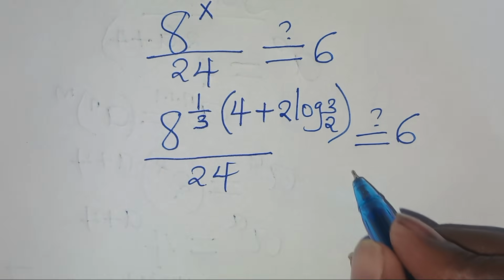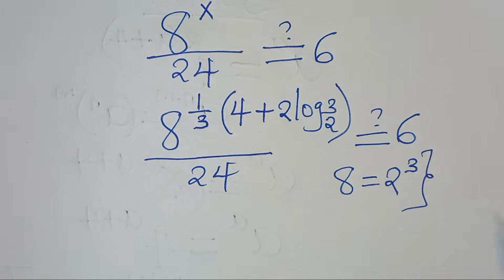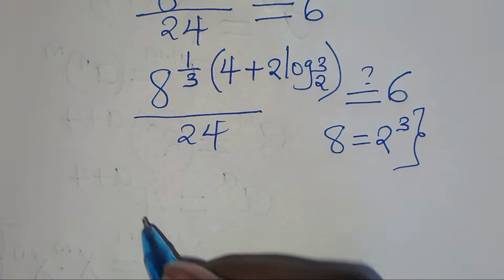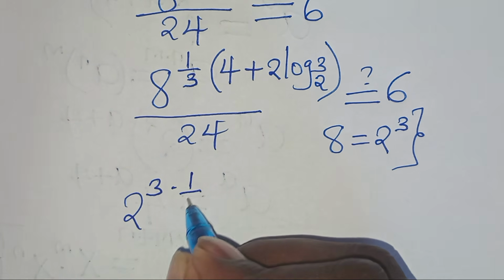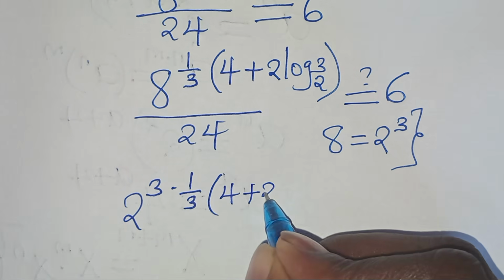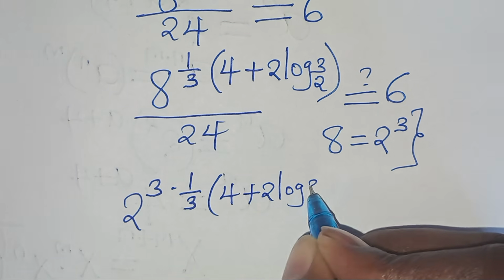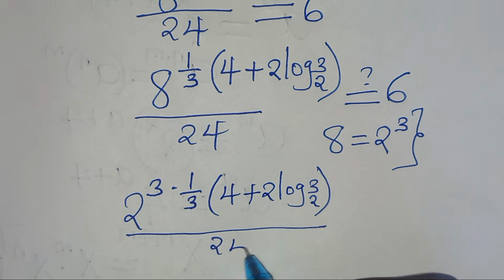The next step is that we can express 8 as 2 to the power of 3. So we have 2 to the power of 3 multiplied by 1 over 3 into the parentheses 4 plus 2 log 3 to base 2, everything divided by 24.